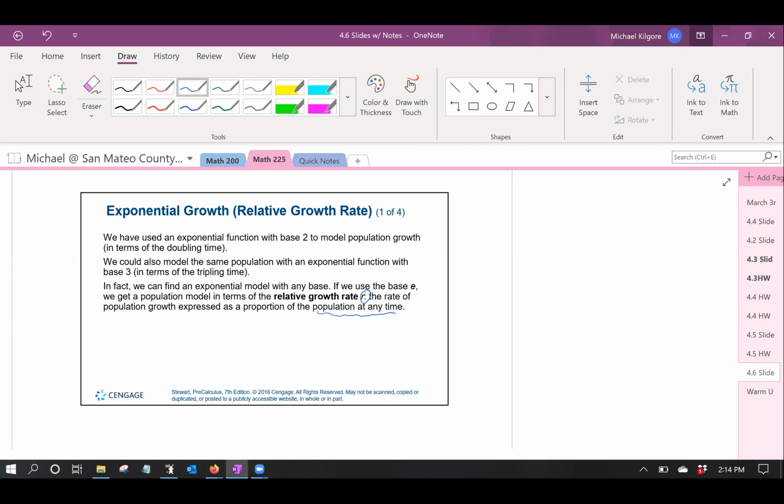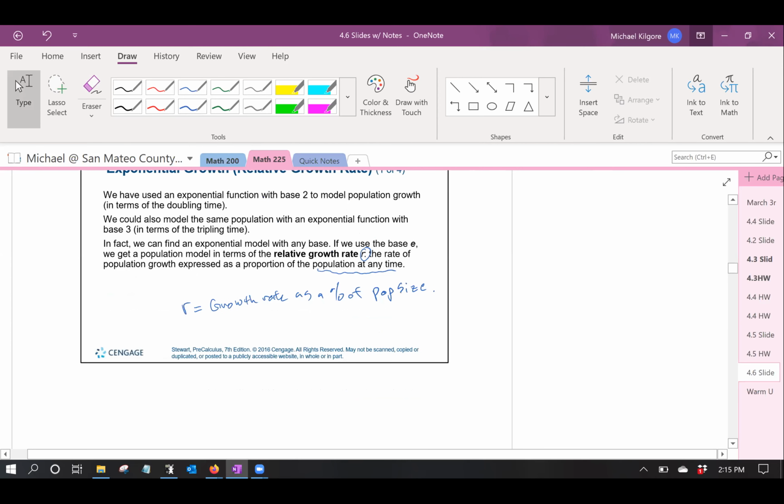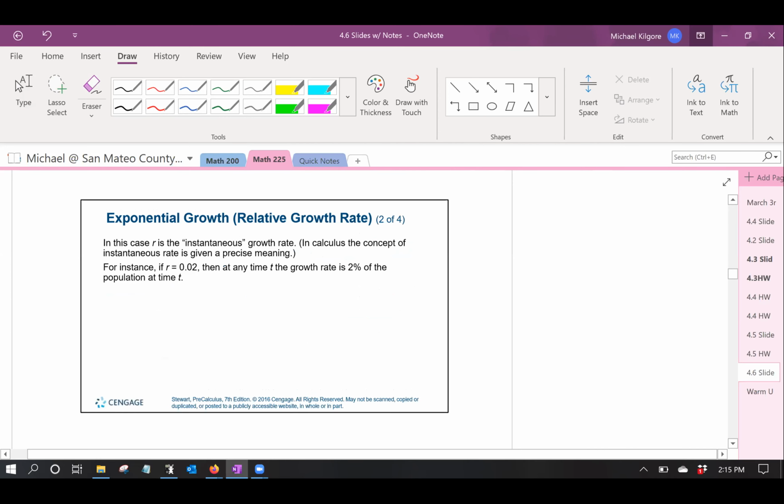Basically, r is going to tell us the growth rate as a percentage of population size. So whatever the size of the population, a certain percentage of that will equal how much is about to grow, which is basically more people, more babies. And there's a direct proportionality.